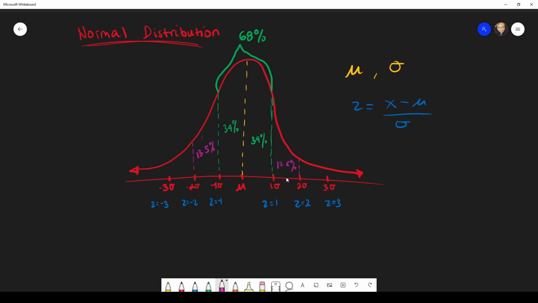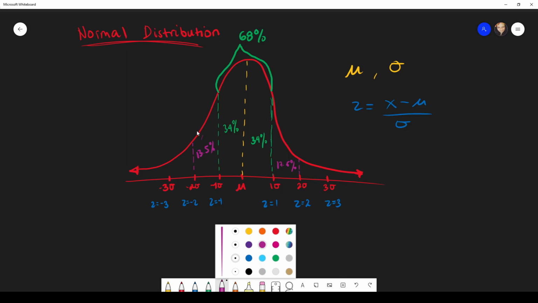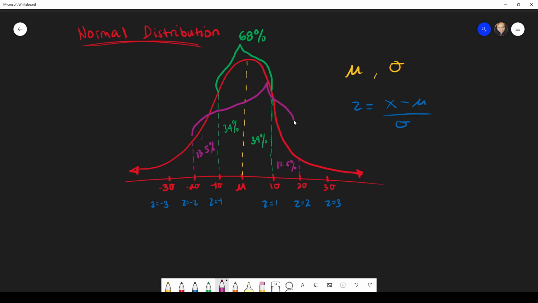So if you add 13.5 and this 34 here, and consider both sides, if 68% of your data lies within one standard deviation, then the data that lies within two standard deviations is 95%. This and this is 95% of the data.